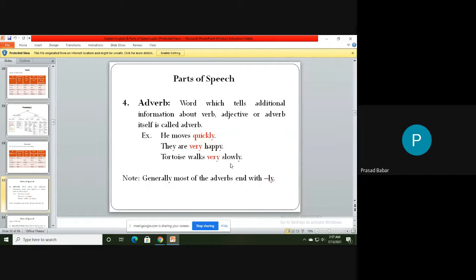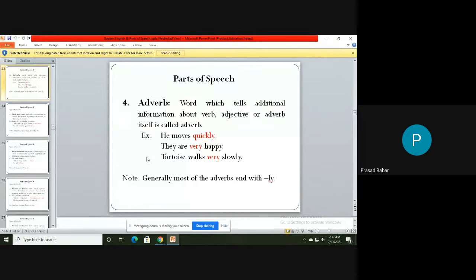So in this example, there are two adverbs, and they are very and slowly. So this is the adverb which tells additional information about a verb, adjective, or adverb.